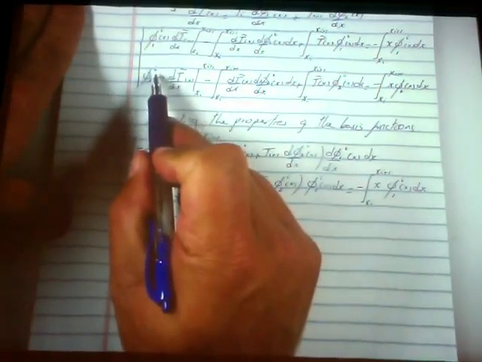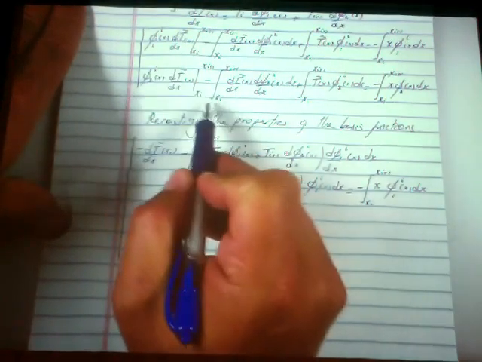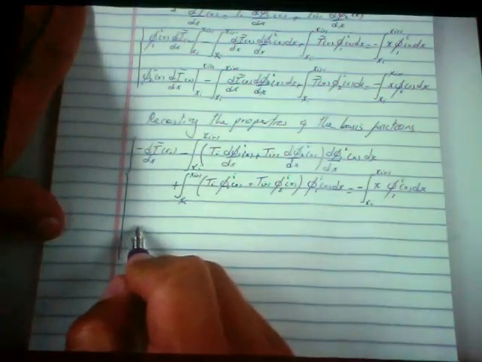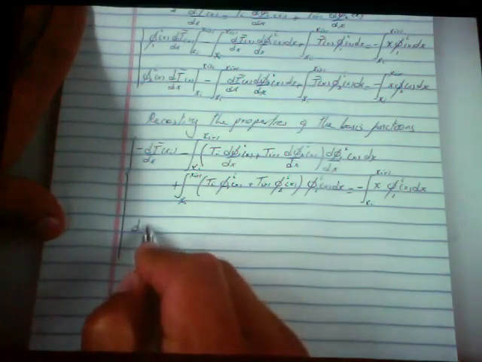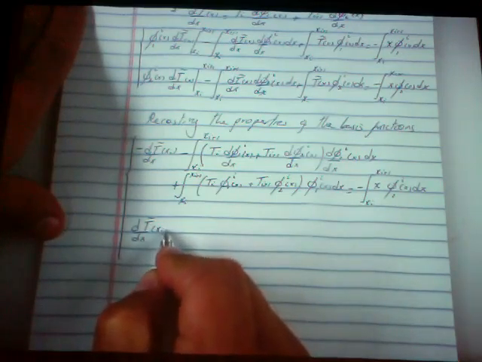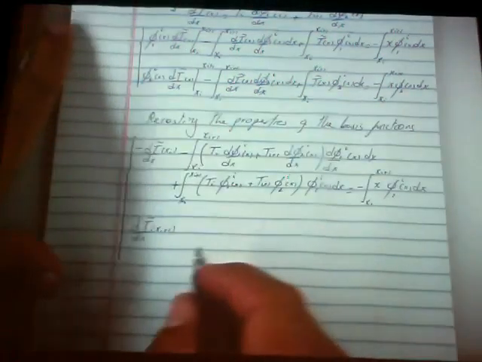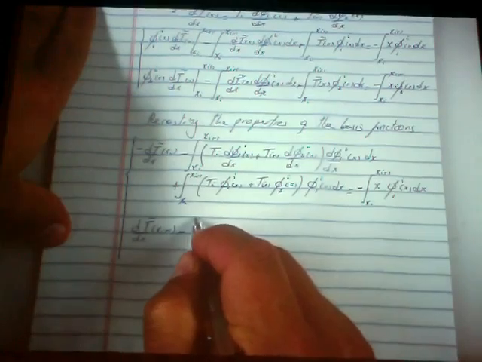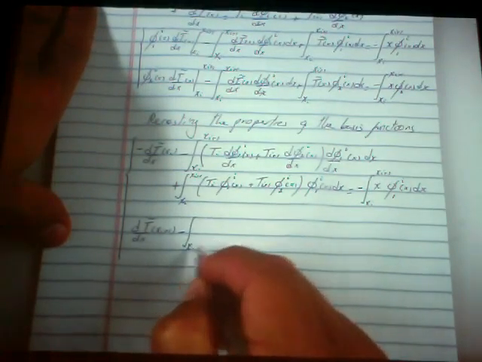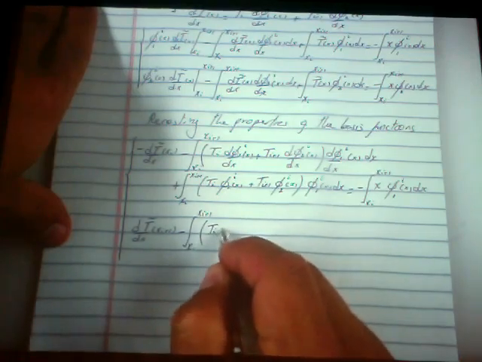In the second equation, when we evaluate this basis function at xi plus 1, we get 1. And when we evaluate this function at xi, we get 0. So all we're left with is dT/dx at xi plus 1, and then minus the integral from xi to xi plus 1, and all of these Ti.